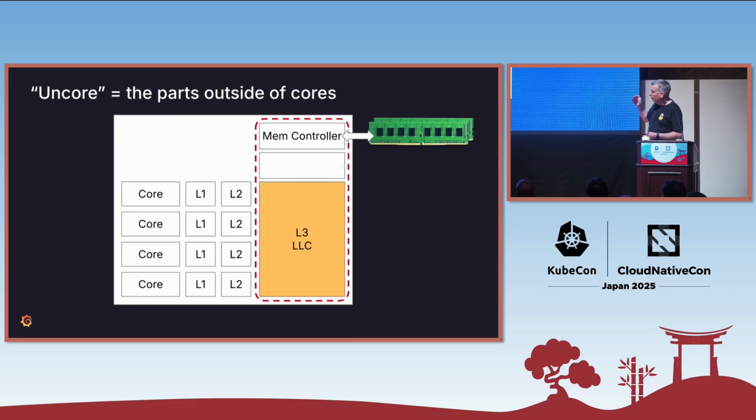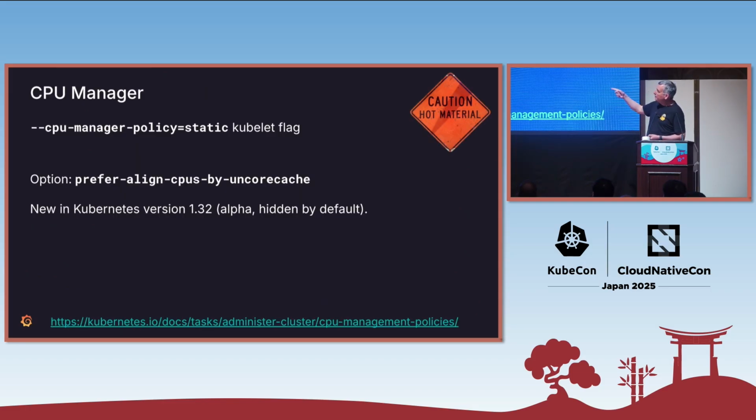As you load up the machine more and more and more, the same program will slow down. So there's another thing in Kubernetes, CPU manager. This is new in 1.32, so very new. And you can align the CPUs by uncore cache. So maybe wait a few versions and then try this out. So that's cool.